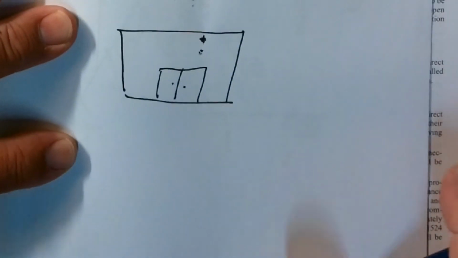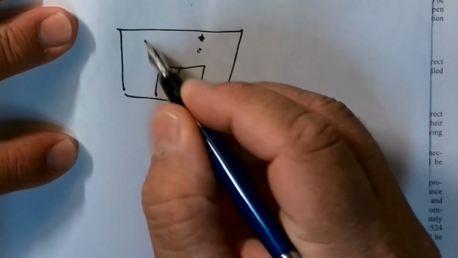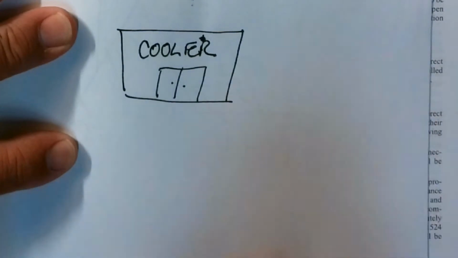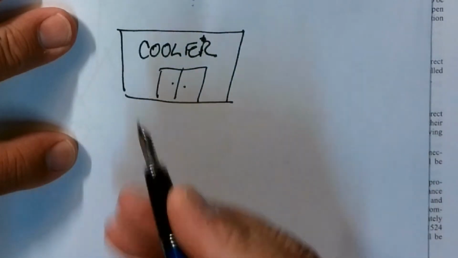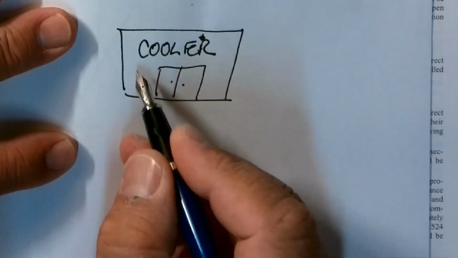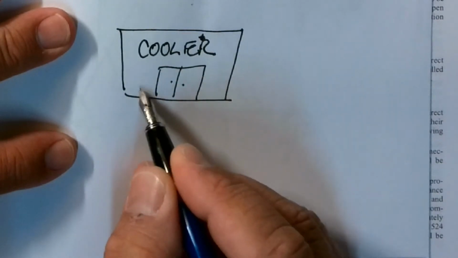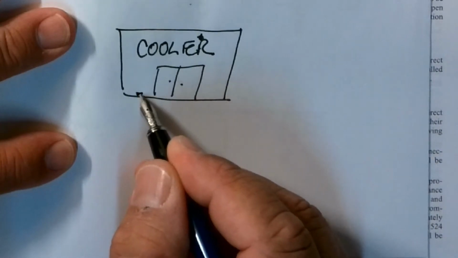I know it looks like a house, but anyways, it's a cooler. Now, the cooler is going to be used for storing food and everything else. Let's say that we have some kind of a condensate that needs to run out of this, and let's say it dumps into a floor drain, or maybe there's even just a drainage for the floor drain. So we have a floor drain in here.